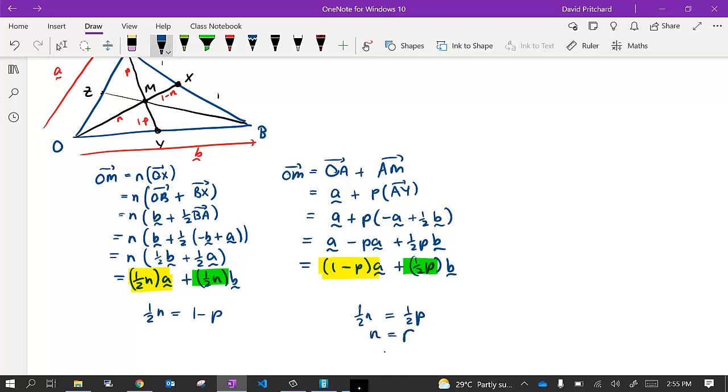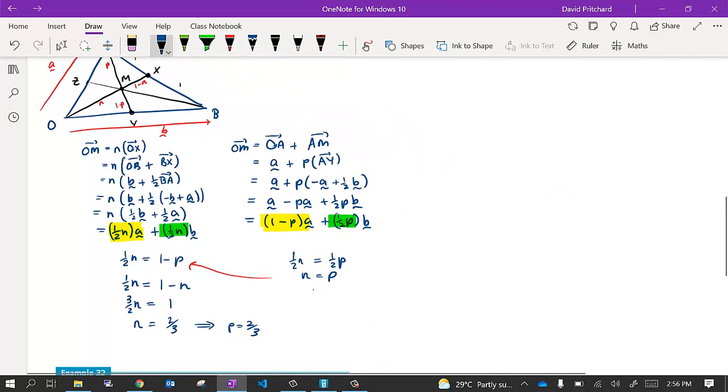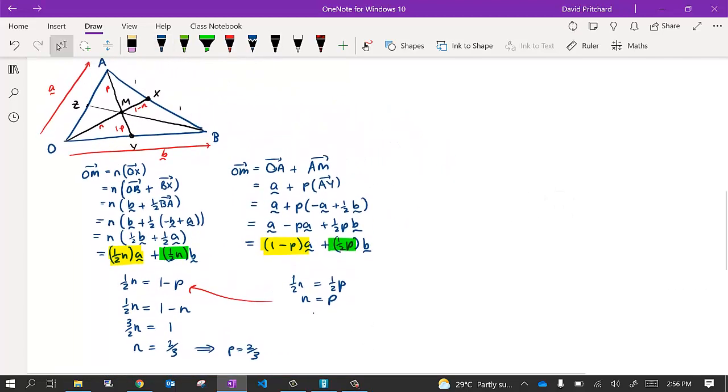So n is equal to p. If we put that back in over here, then that means we end up with 1/2 n is equal to 1 take n. And when we add that n across, we've got 3 on 2, n is equal to 1. If we multiply by the 2 and divide by the 3, we end up with n is 2/3, which follows that p is 2/3.